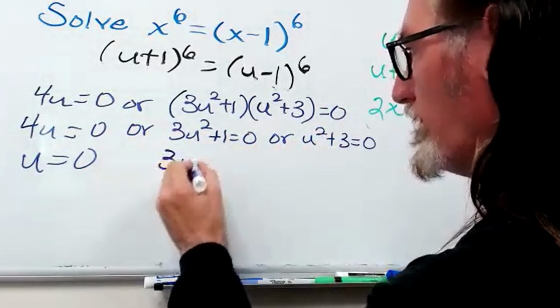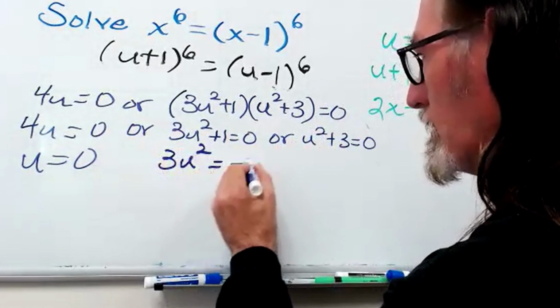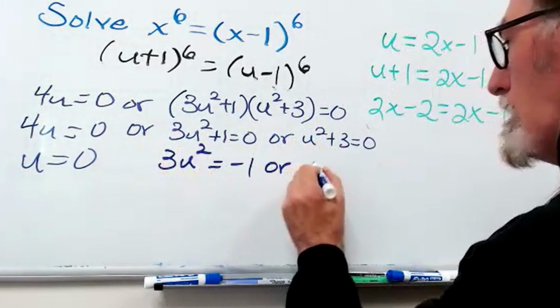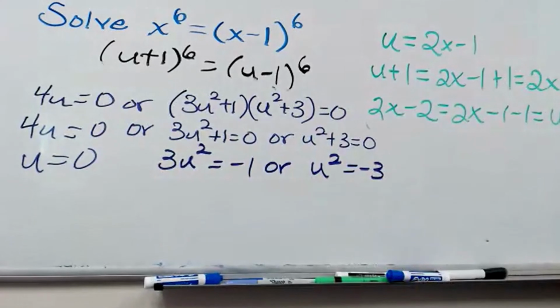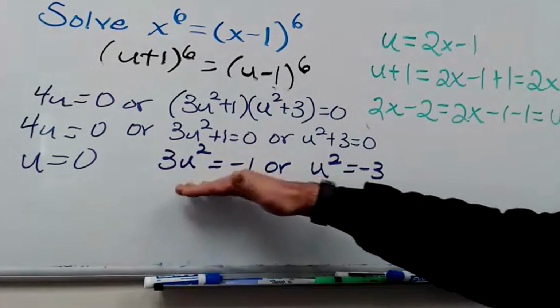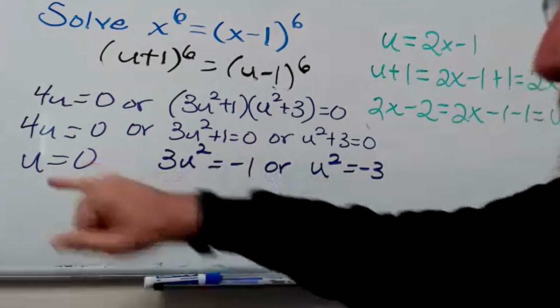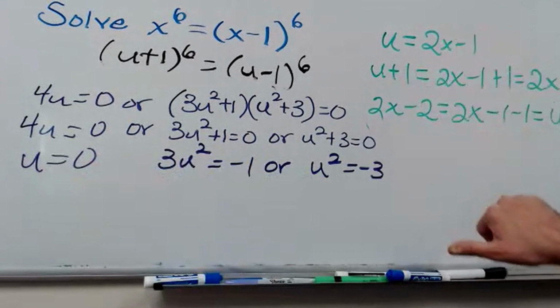No need for the quadratic formula here. You can just use the square root property. If your question is only looking for the real solutions, then we would be stopping here and using just u equals 0, going back to this.